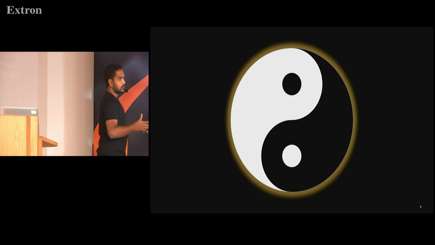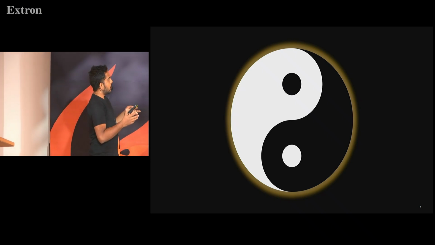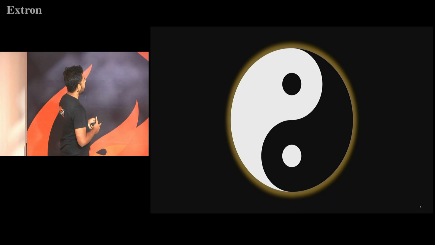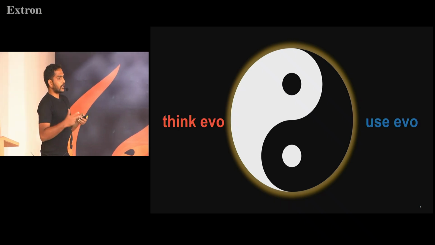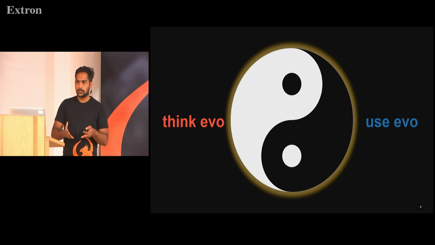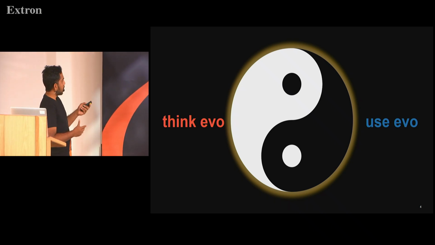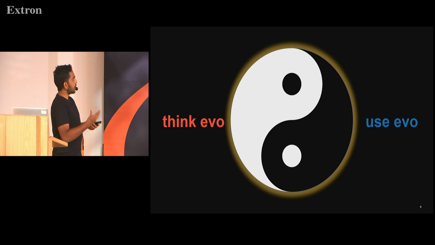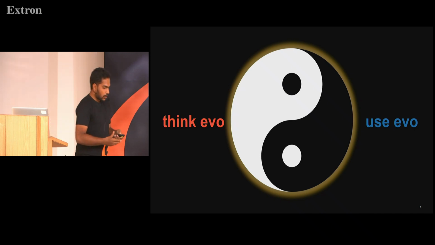This signifies the whole goals of UI5 evolution, and it also signifies that we can only achieve it together. There are two parts to it. The first one is Think Evo, and the second one, on the other hand, is Use Evo. So what is Think Evo?